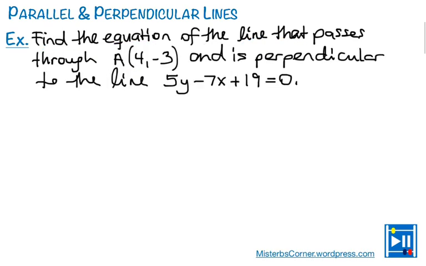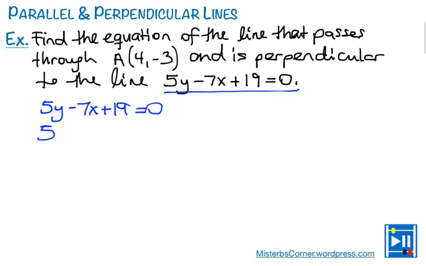So what if we are given a perpendicular line to get the gradient from? Well, here's this example. Now I'm going to play with this equation to get the gradient out. So basically it is 5y minus 7x plus 19 equals 0. I have 5y equals 7x minus 19 by taking these two terms to the other side.